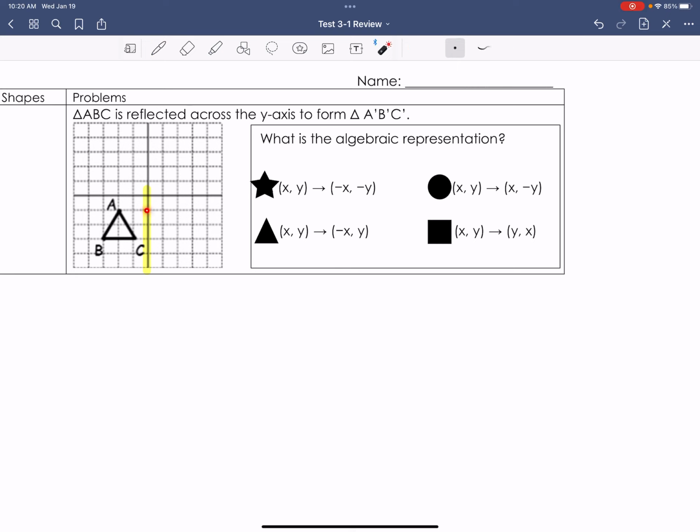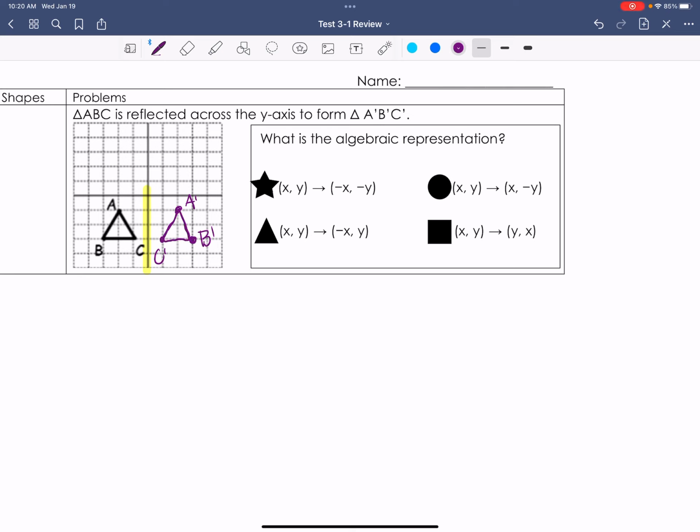So looking at A is 1, 2 to the left, so A prime is going to be 2 to the right. And this is going to form A prime. Looking at B, I see B is 1, 2, 3 to the left, so it's going to be 1, 2, 3 to the right to form B prime. Looking at C, I see C is 1 to the left, so it's going to be 1 to the right to form C prime. Then I'm going to go ahead and connect my dots.